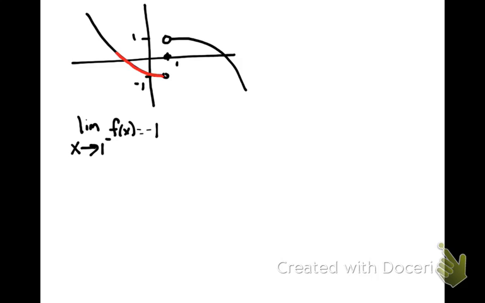Then on the right-hand side of 1, the limit as x approaches 1 from the right of our function is +1, because as the x values get closer and closer to 1, the y values are getting closer and closer to 1 as well.